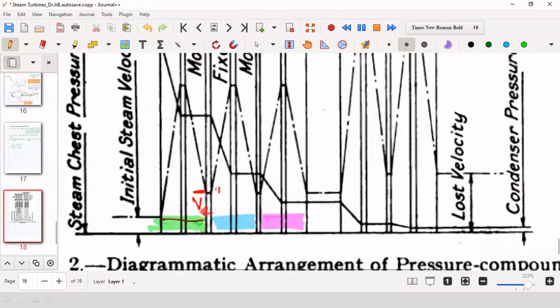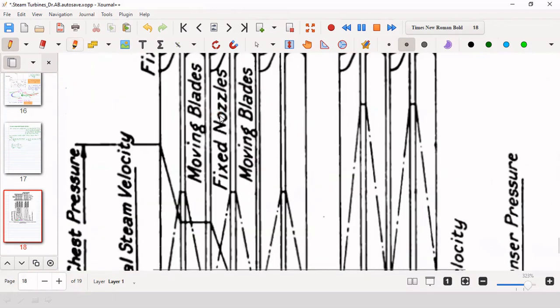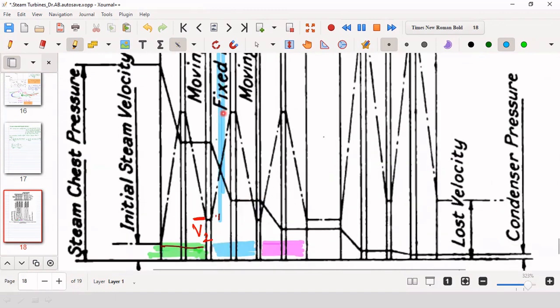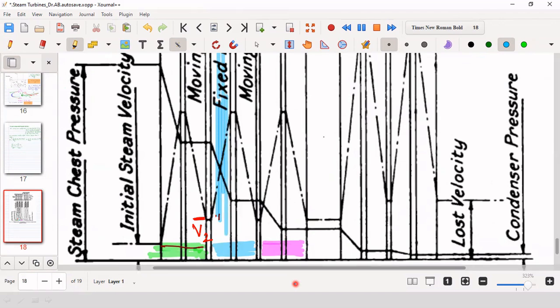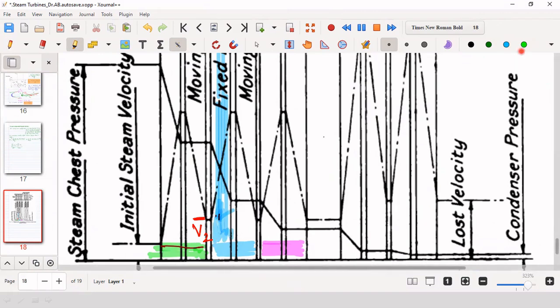Now just follow it. V2 is the energy that is available here.